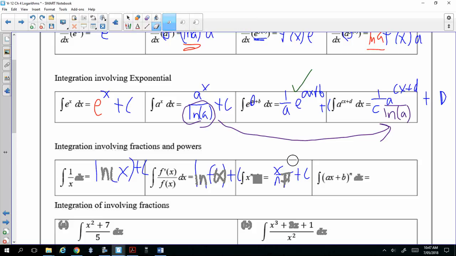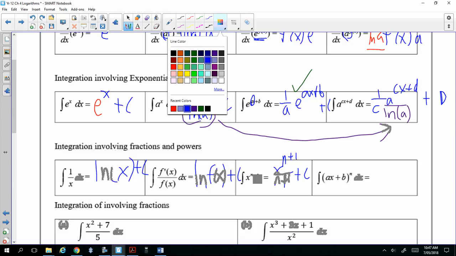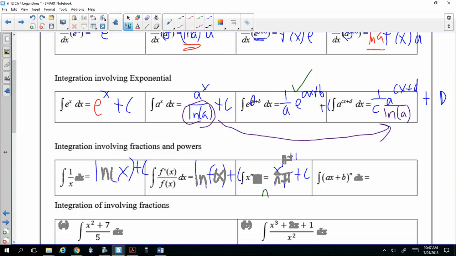Okay, like that. Just remember there's a condition: n cannot be negative 1. And when it is negative 1, use this rule. And the same rule for the other one.